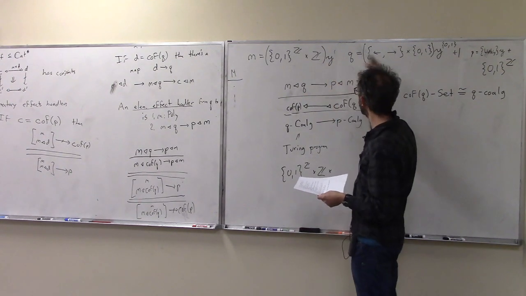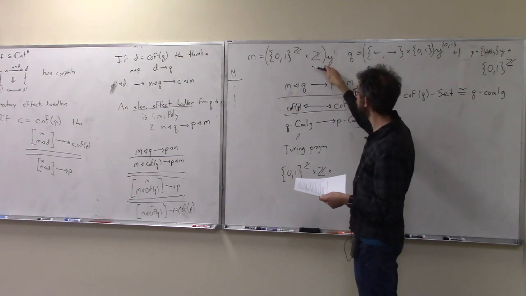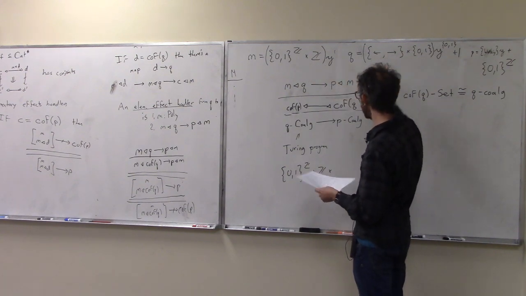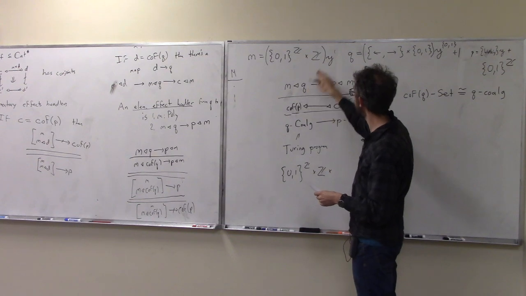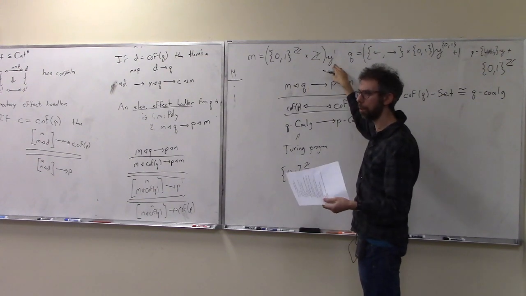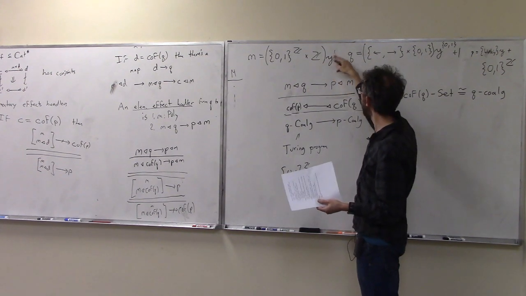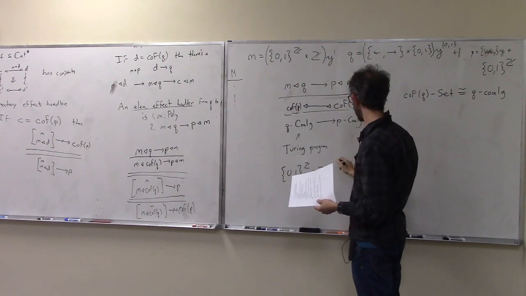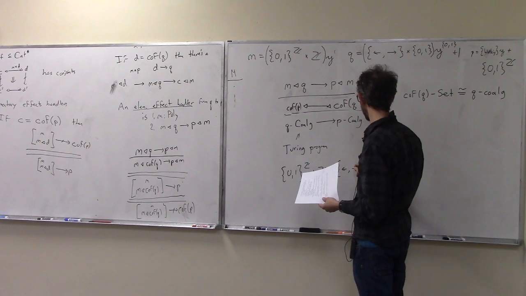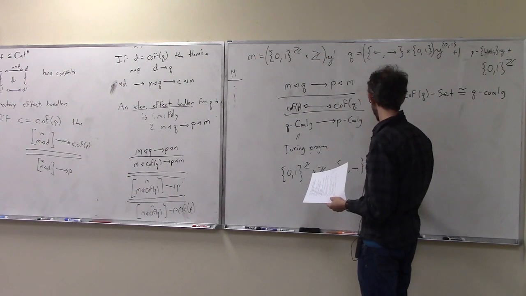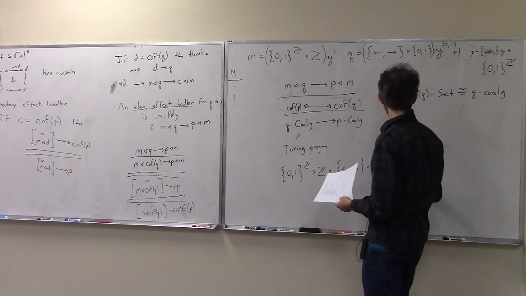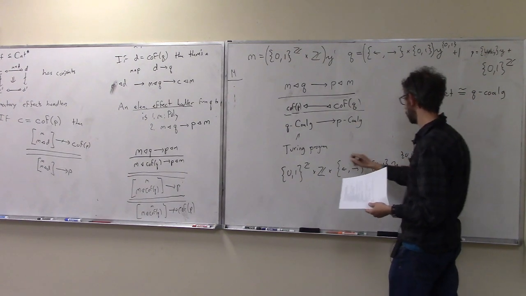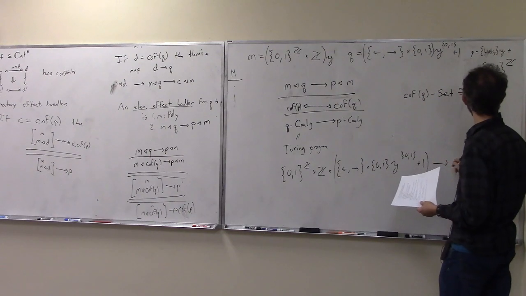So M composed with something. M is a linear polynomial. It's something times y. And so when you compose it with something, you just plug in that thing for y. In general, you always plug it in for y, but there's no power here. So I'm just taking this thing times Q, times 0, 1, y to 0, 1, plus 1.